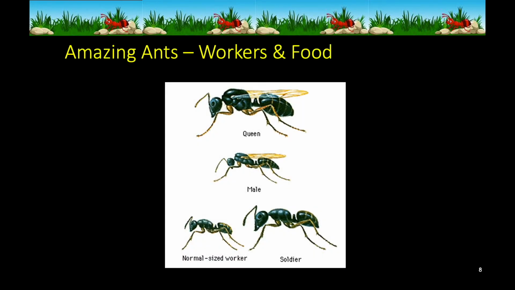So ants are really complex social animals. They've got a social structure just like humans have, and each class in the structure is supposed to do its own job. Each class has a specific predefined job which it performs. So at the top of the list is the queen. The queen is the reproductive powerhouse of the colony, and it lays eggs continuously and hatches them into workers or males or soldiers.